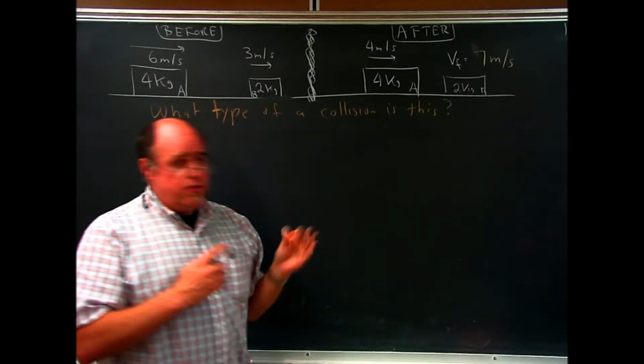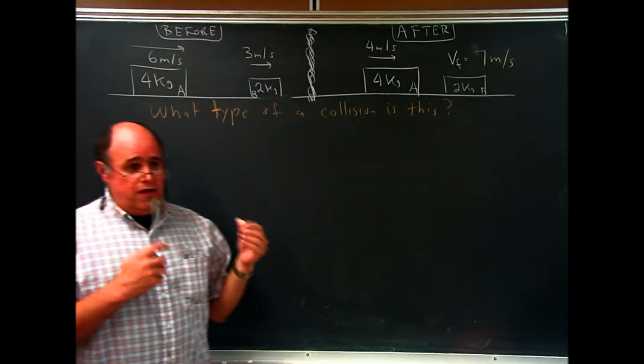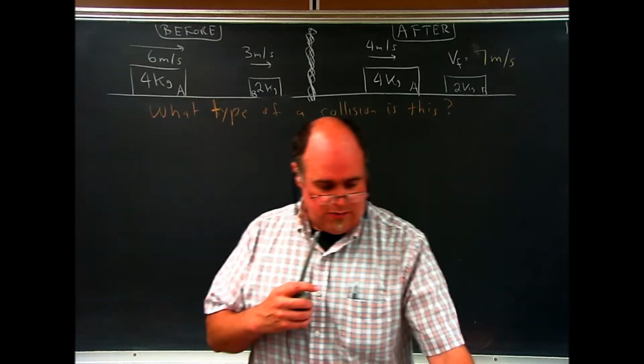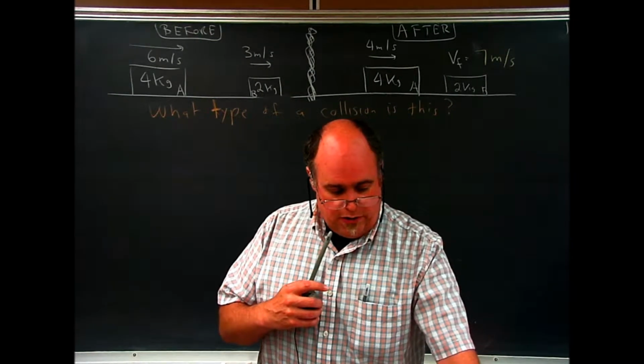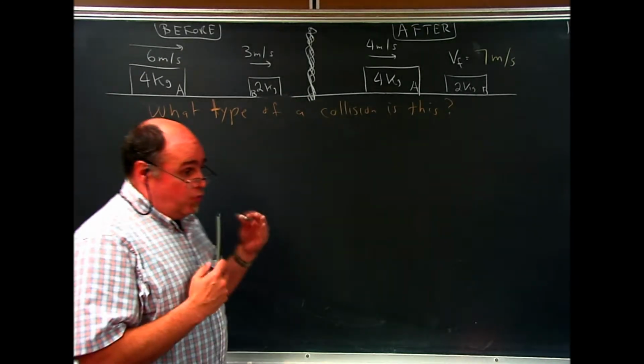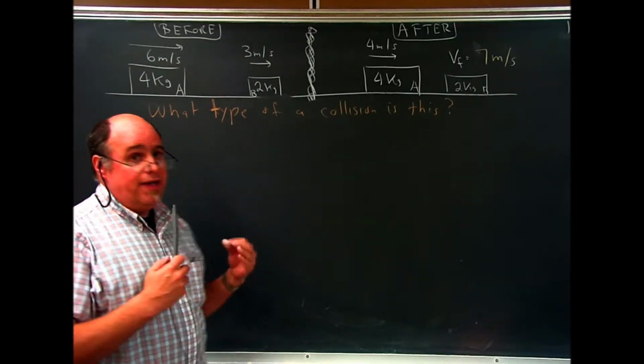The only way I know how to do this is to calculate the individual kinetic energy of each piece before the collision and after the collision. So I'll attempt to do that. Kinetic energy is the formula 1/2 mv squared. You'll learn that in chapter 6.